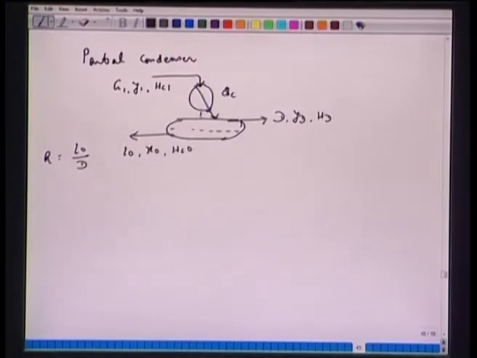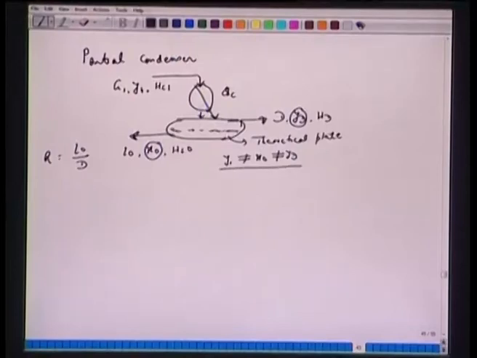Let us see the difference we have here. We have X0 and YD, and this is your partial condenser, which means that these two mole fractions will be on the tie line or on the equilibrium, because the vapor leaving here and the liquid here are in equilibrium. So, this partial condenser is supposed to be a theoretical or equilibrium plate. And this composition Y1 is different from X0 and different from YD.